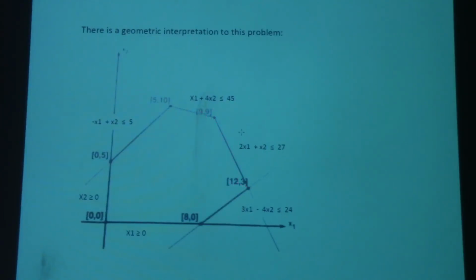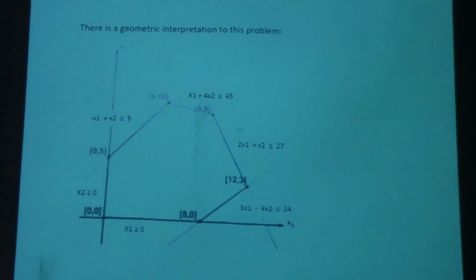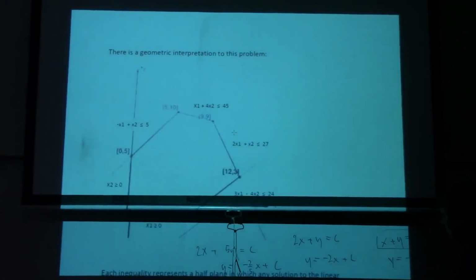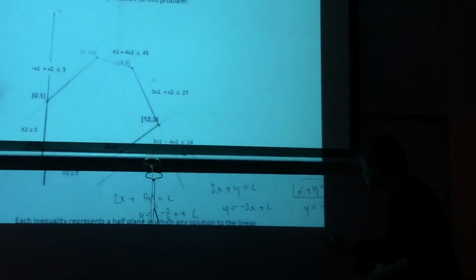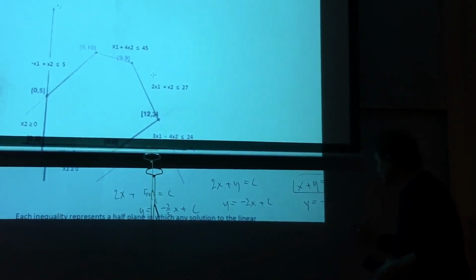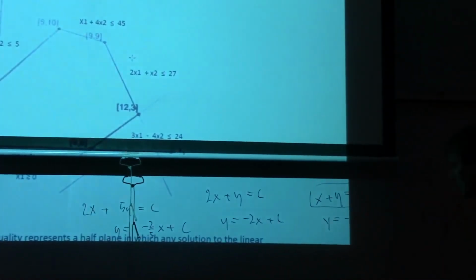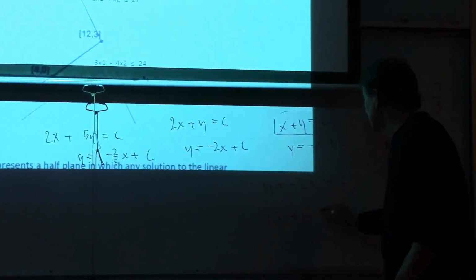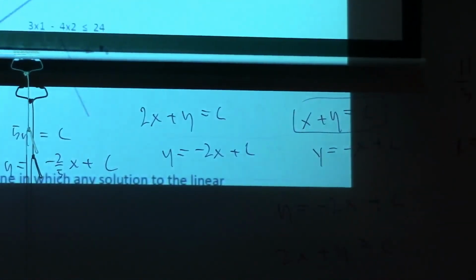But how would I get a value of -2? That would be a case where y is equal to -2x plus c. So we would have 2x plus y is equal to c.